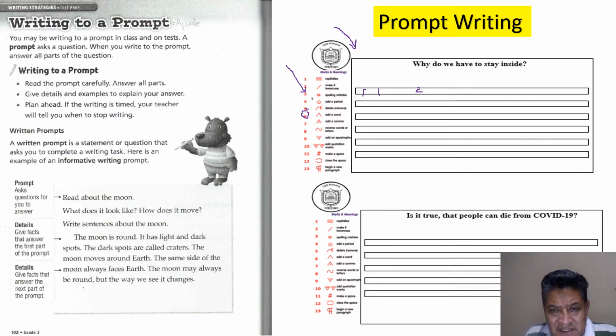See, this process is similar, but here we'll start with a question. For example, why do we have to stay inside? That's the question which you have to answer. Why do you have to stay in your houses?